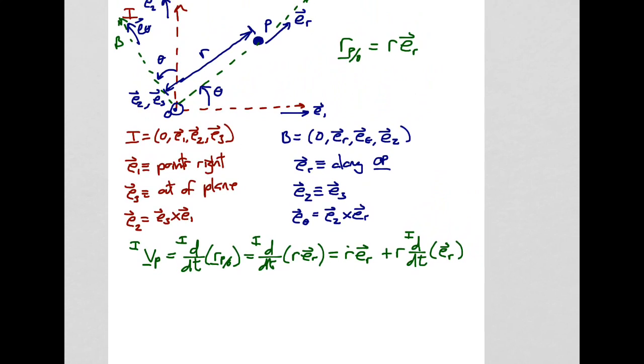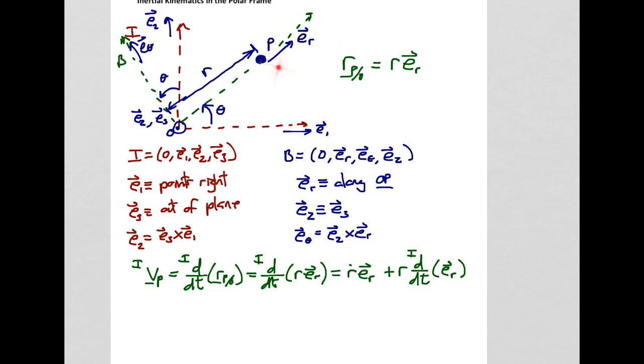Now in the past, our basis vectors, E1, E2, and E3, were fixed in the inertial reference frame. So that meant that we could just say the time derivative of this basis vector was equal to 0. In this case, we've got the time derivative of E sub r, and this vector E sub r is actually rotating within the inertial reference frame.